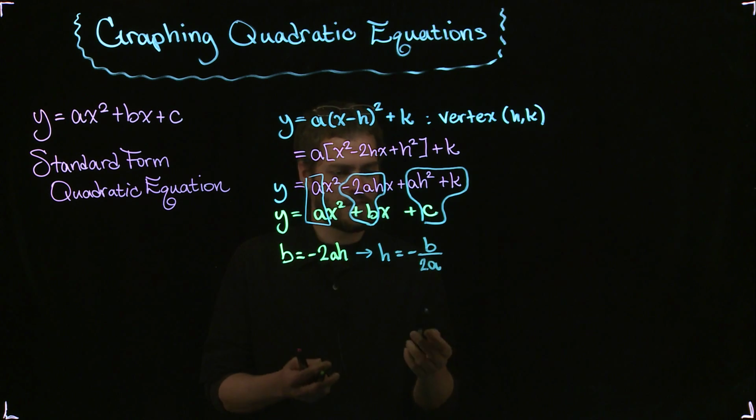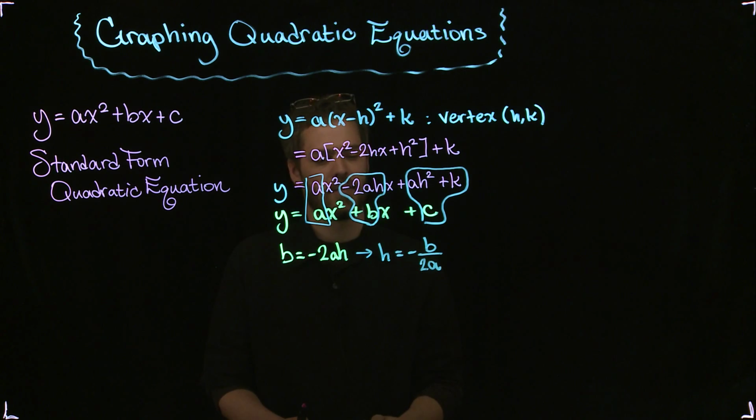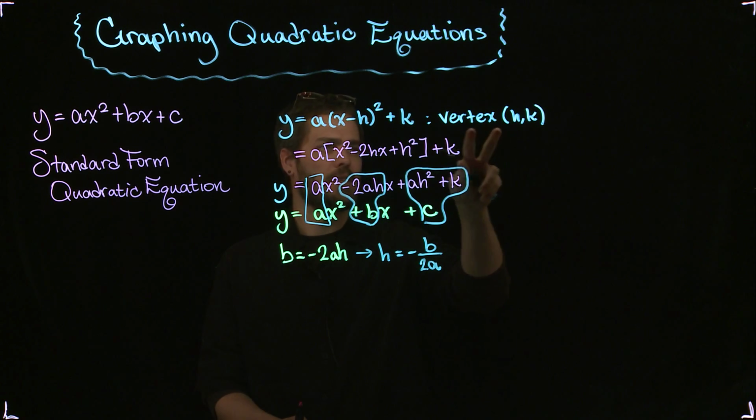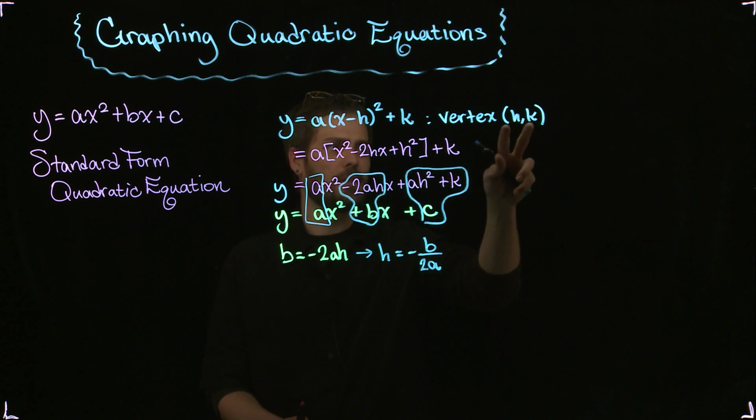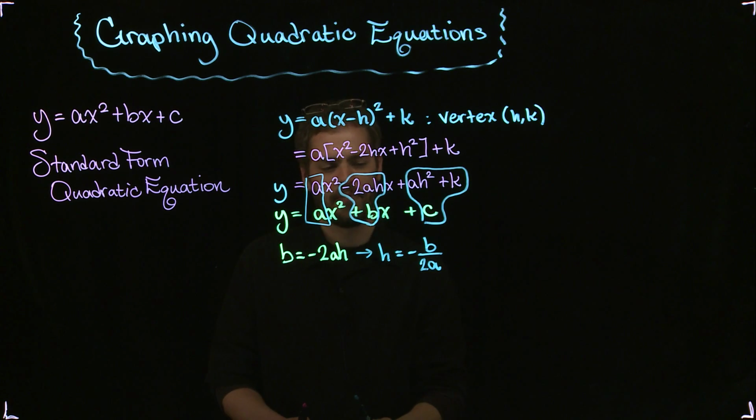Or b over negative 2a, you can just pull that negative up off to the side. Now, why did I solve for h? I solved for h because the vertex from the vertex form is located at (h, k). So I can say that the x component of the vertex related to the standard form must be located at negative b over 2a.